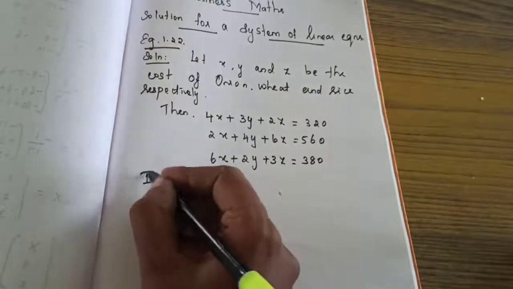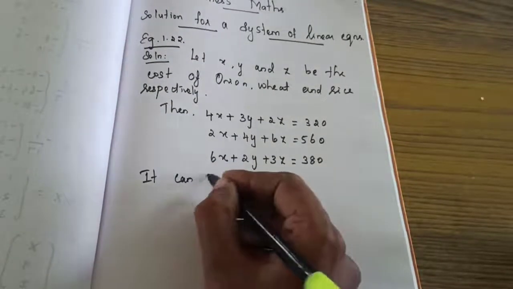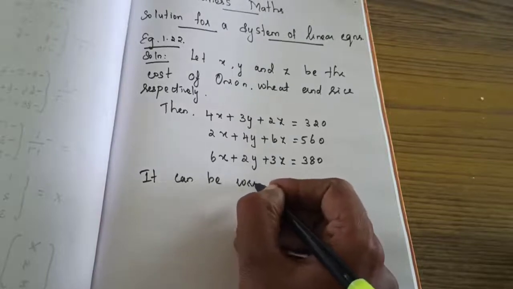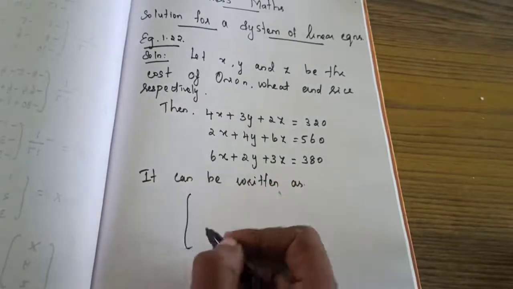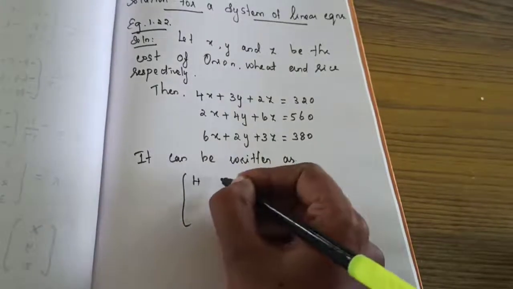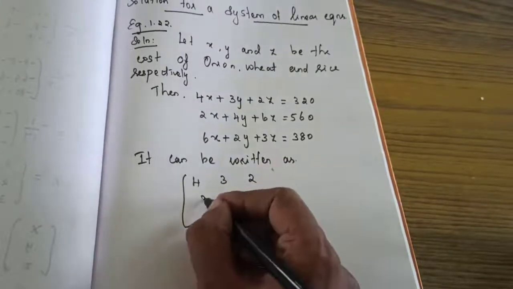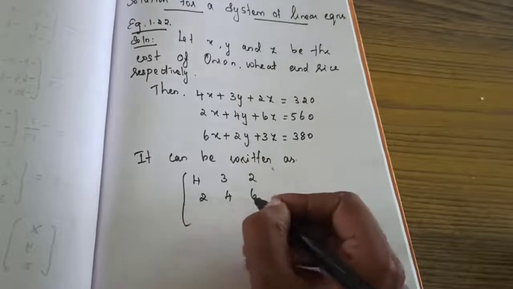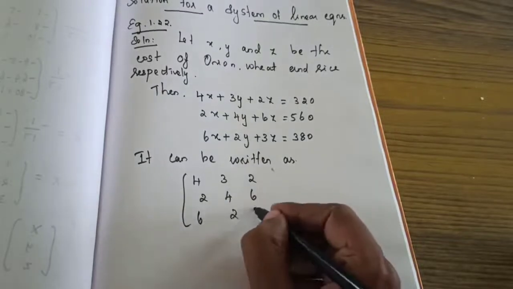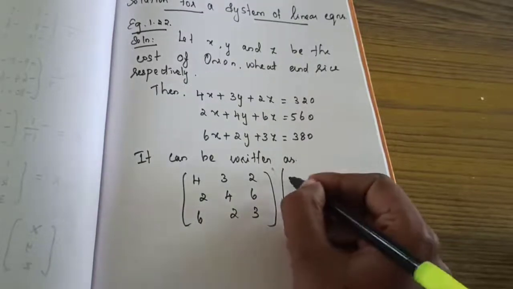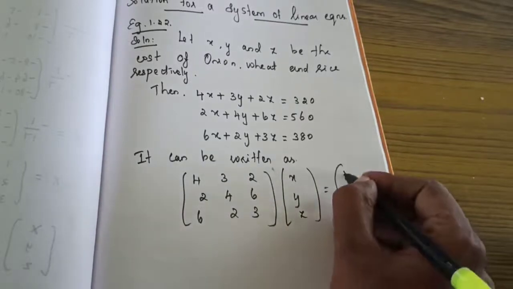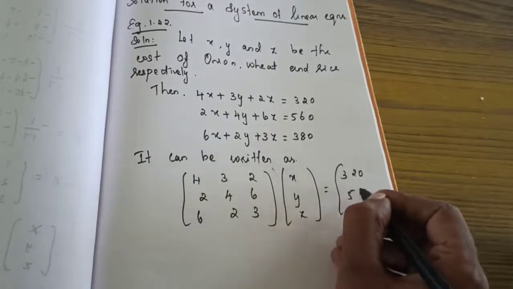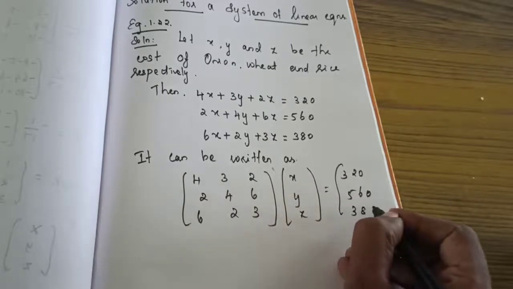So how will you write it in the form AX equal to B? It can be written as the matrix with rows 4, 3, 2; 2, 4, 6; then 6, 2, 3, times the variables x, y, z, is equal to 320, 560, 380.